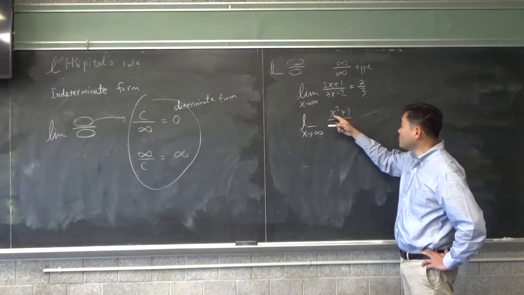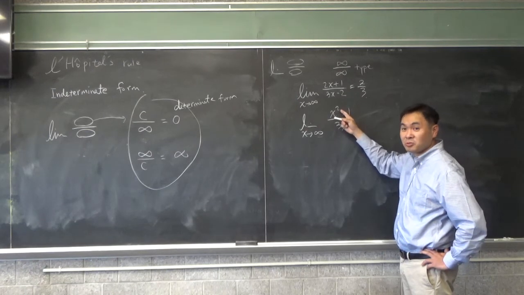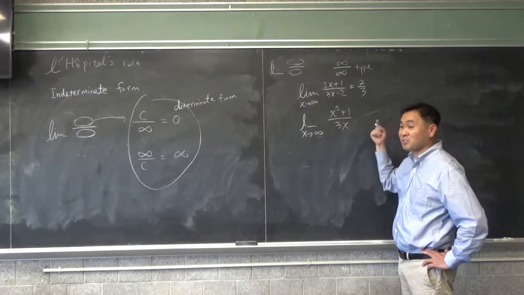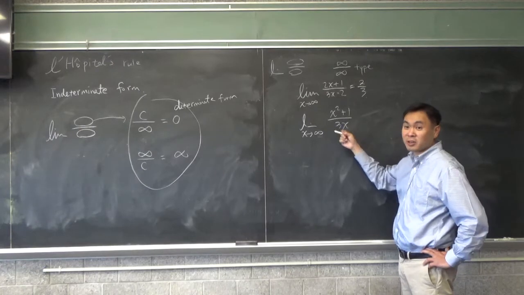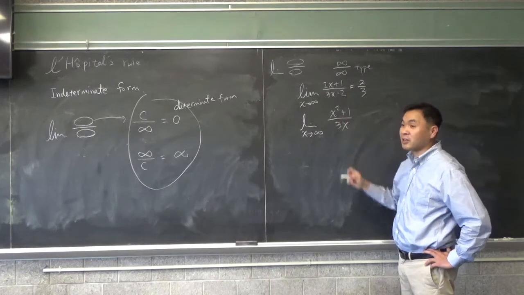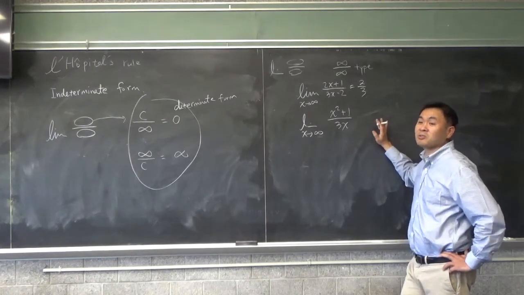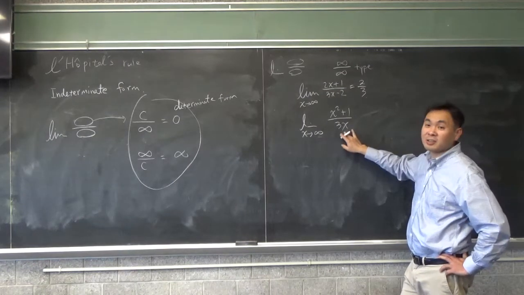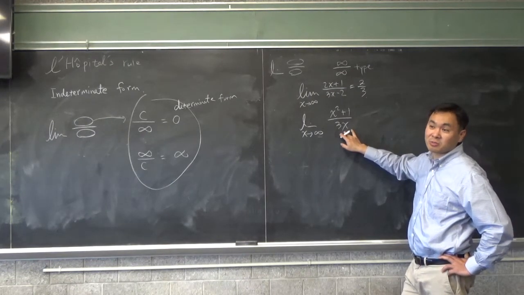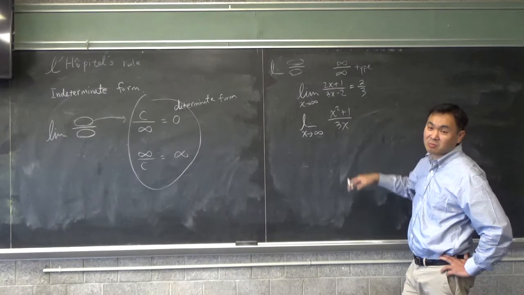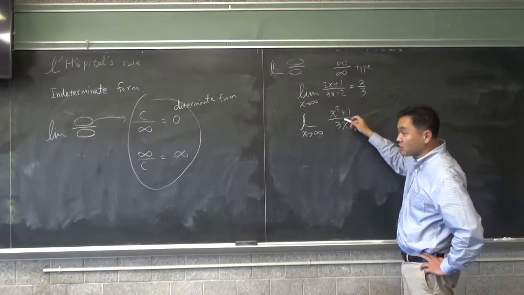Infinity over infinity, right. The x squared increases much faster than 3x. If x were 1,000, 1,000 squared is 1,000,000, and you're dividing 1,000,000 by 3,000. This is still infinity over infinity type.